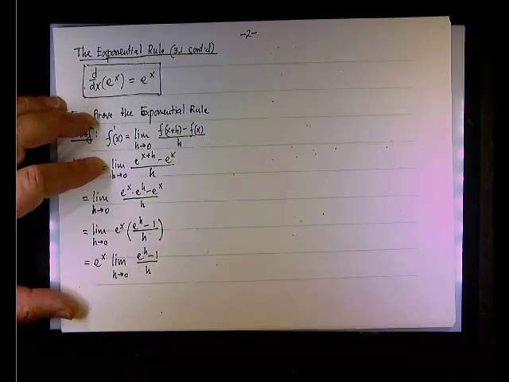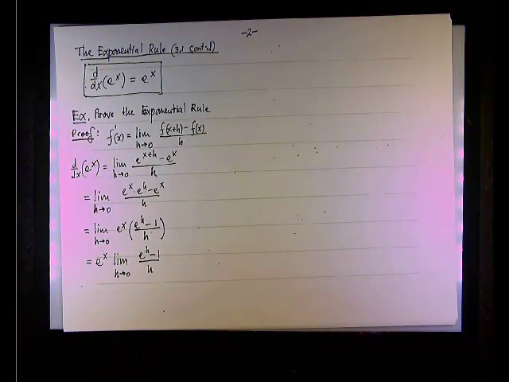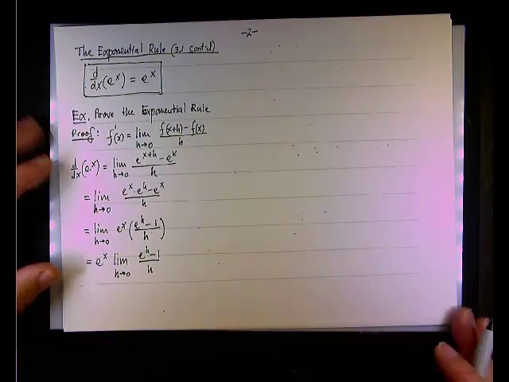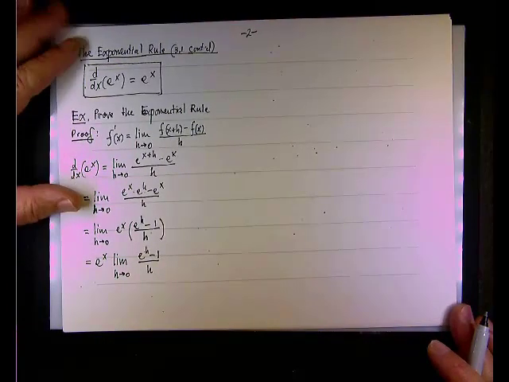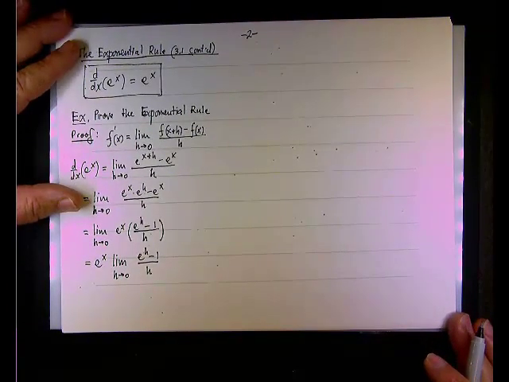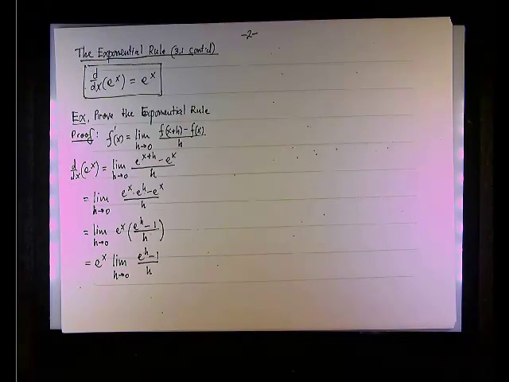Okay, and here I need to pause, and I want to introduce you to a definition of the natural number e. In this course, I'm going to teach you 3 definitions of the natural number e, which is a very important number in nature and in science.